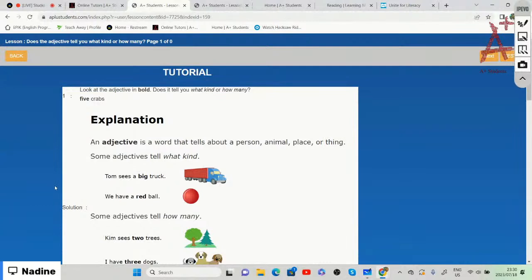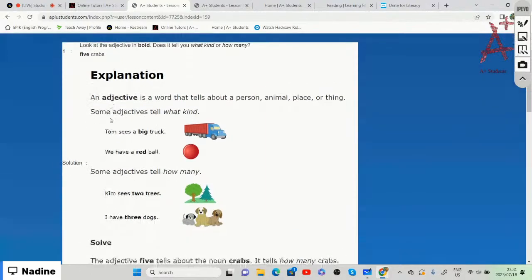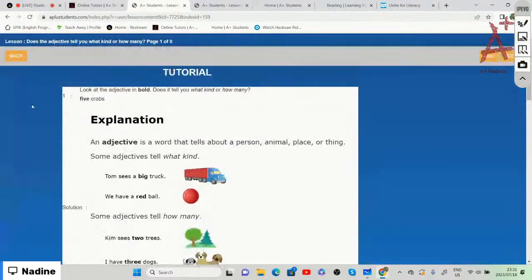What kind can be in size, color, shape, and so on, even scent, how it smells. All right, so now if we look at our question, you need to look at the adjective in bold. The adjective in bold is 5.